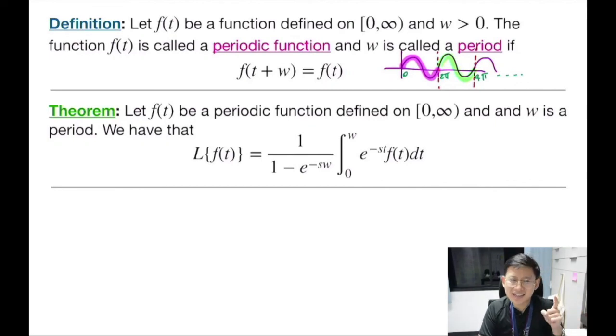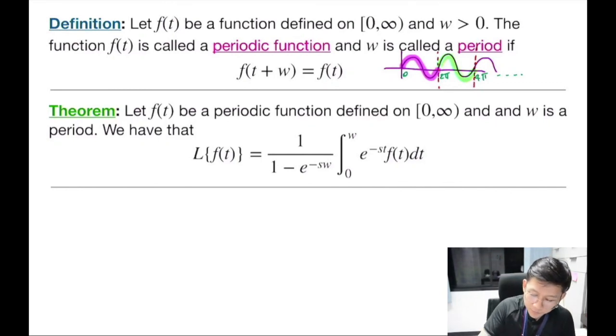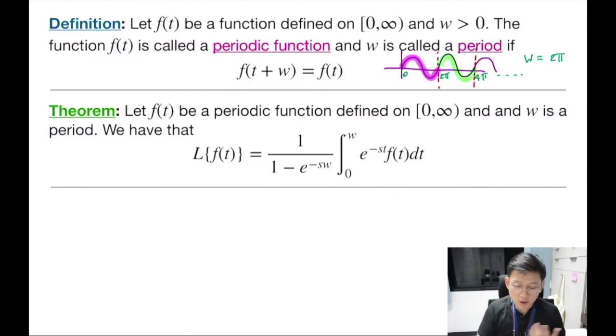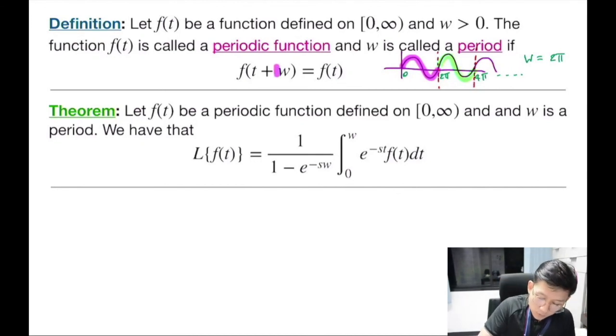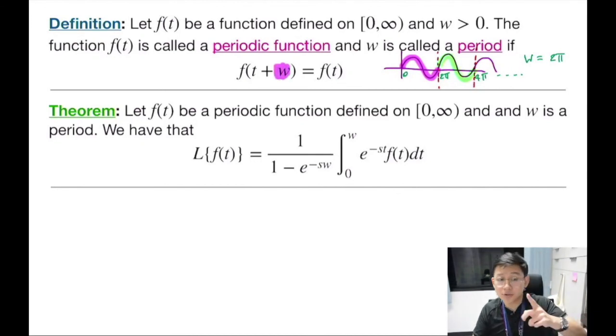And that kind of function is called a periodic function. For example, for this function, w would be 2 pi, because every time t plus w goes back to f(t).